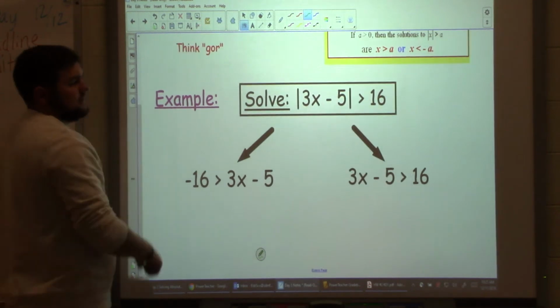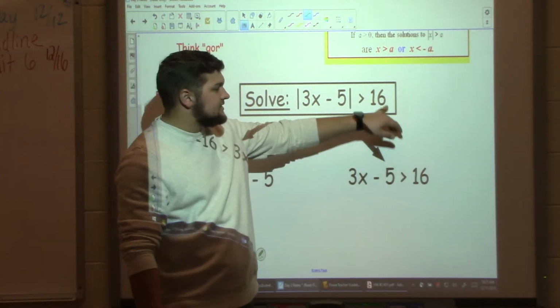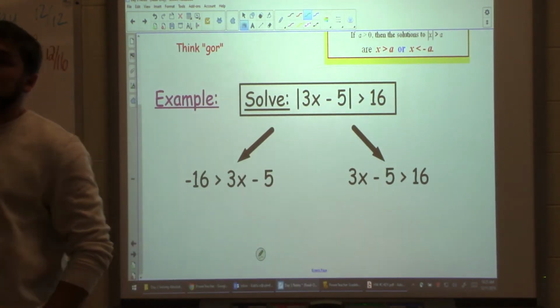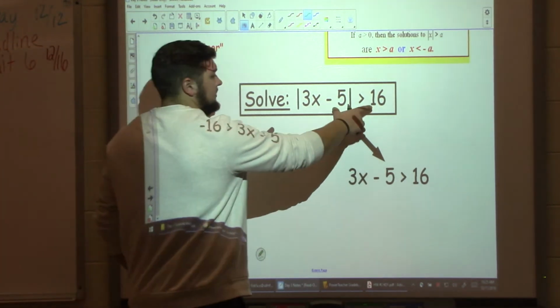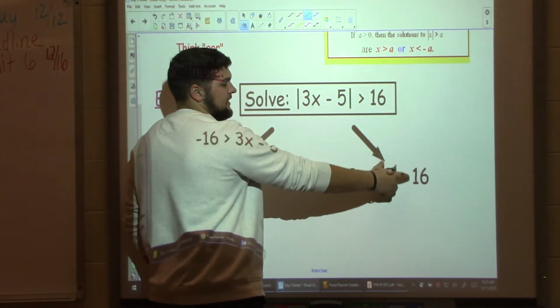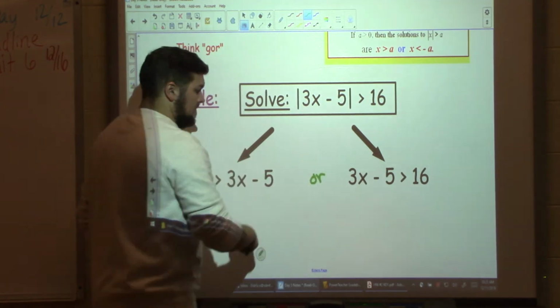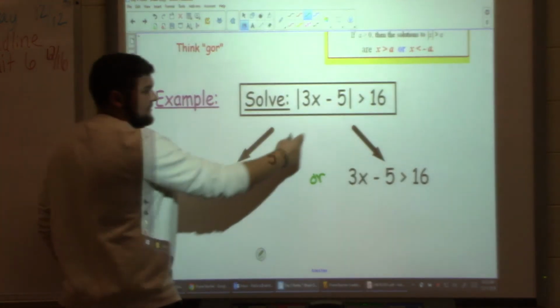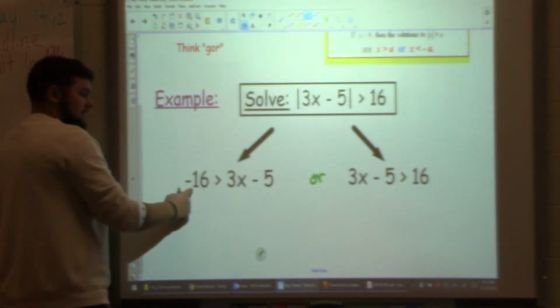If I have the absolute value of 3x minus 5 is greater than 16, I'm going to change it to an or statement. This stays the same, I just drop the absolute values. Or, I keep the same sign but on the other side, and I make it -16.